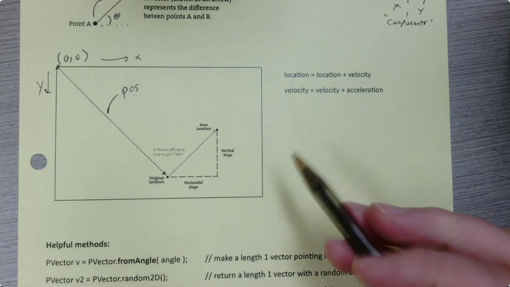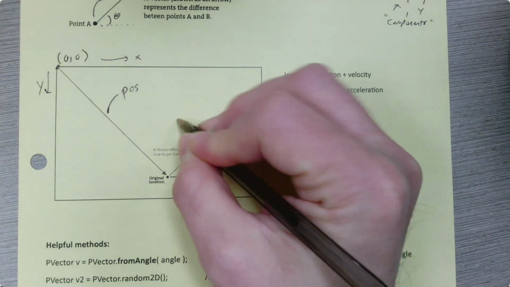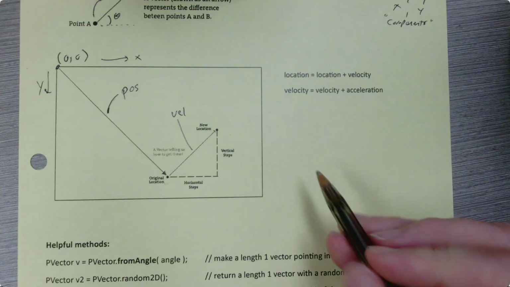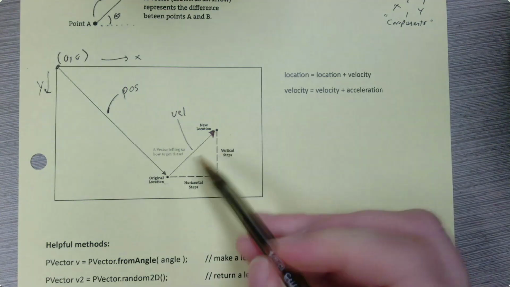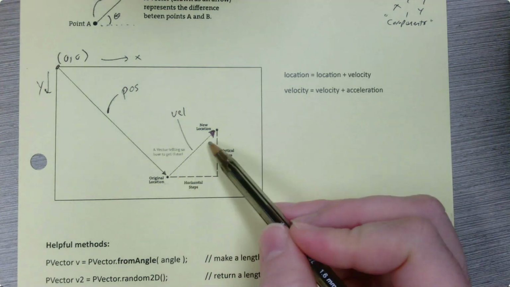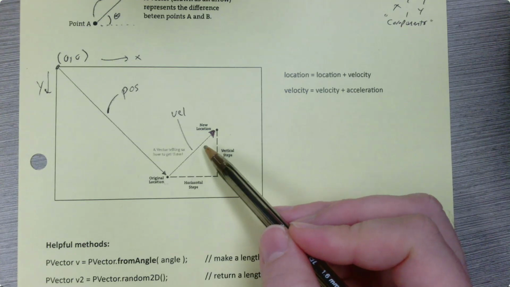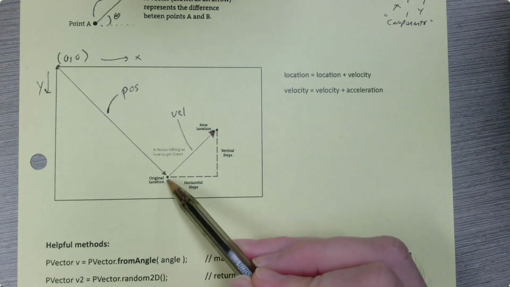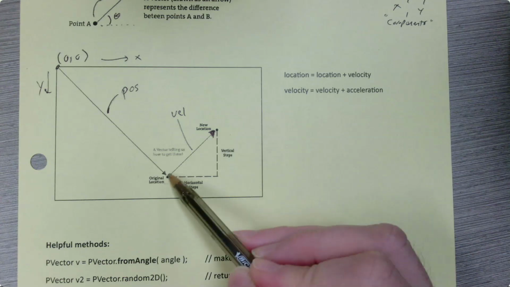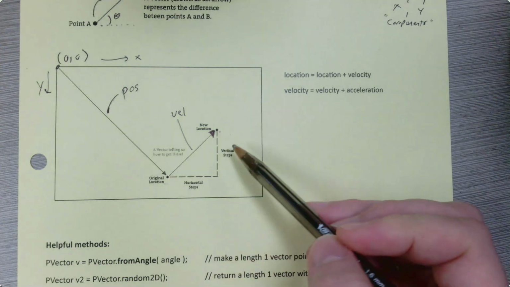Then we're going to have a second vector called velocity, VEL for velocity. The idea there is you're going to have a vector that keeps track of both the direction and the speed of your current movement. This vector points to where we are right now. This vector is telling us how far we're going to move every single time step.